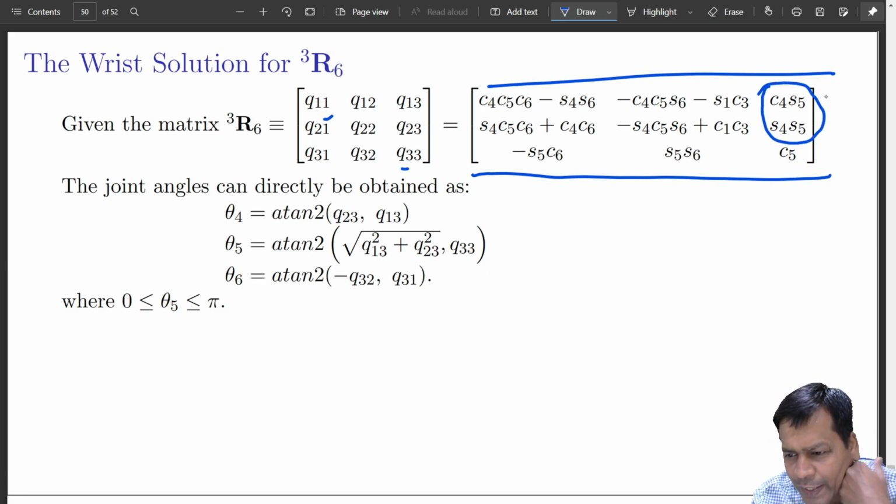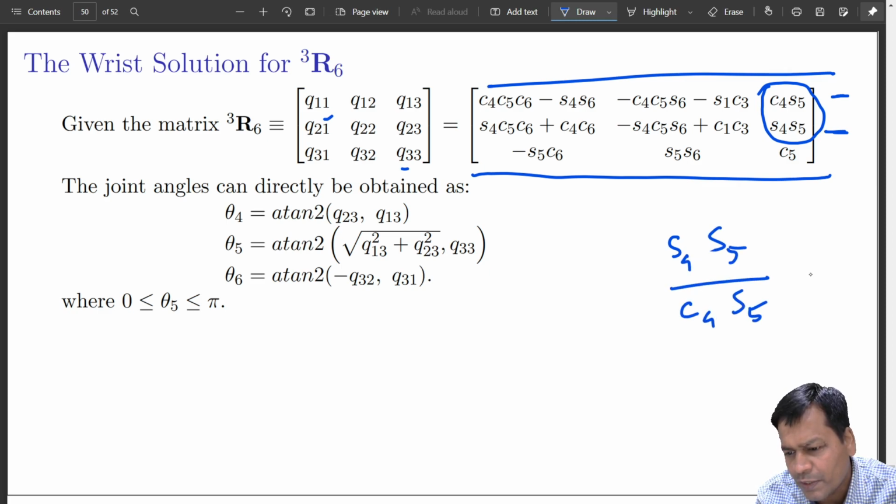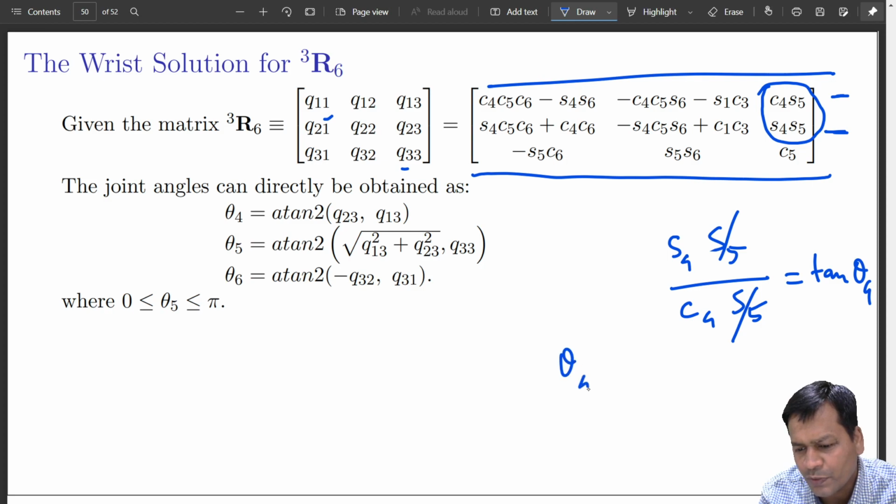If you divide this by this, that means S4 S5 by C4 S5, it gives you tan theta 4. So theta 4 will be equal to tan inverse S4 by C4.